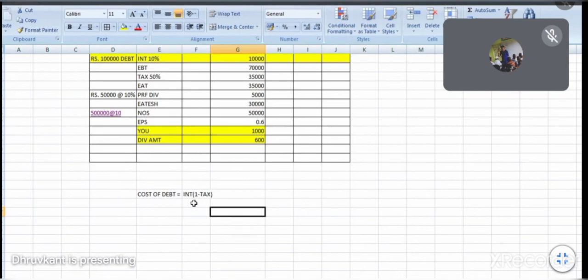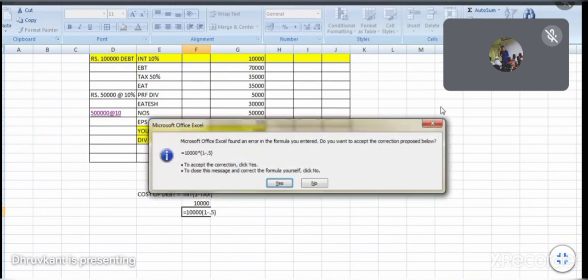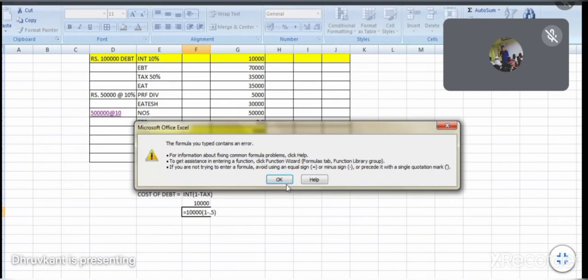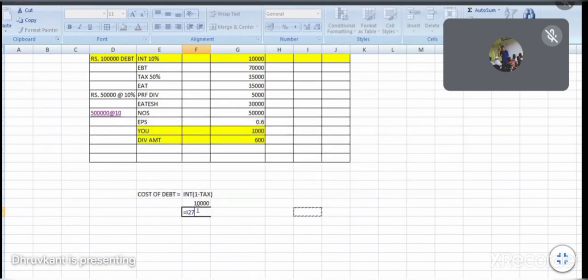You are saying that 10,000 is the interest. Clear? You may tell me, sir, 10,000 is the cost of debt, but I am saying no, 10,000 is not the cost. Actual cost is how much? 10,000 into bracket 1 minus tax rate, which is 0.5. Then actually you have paid 5,000.